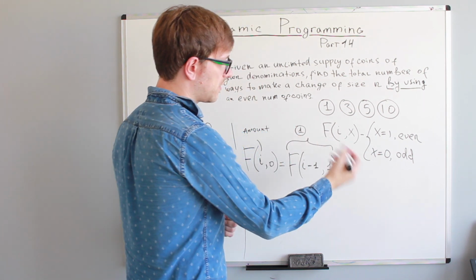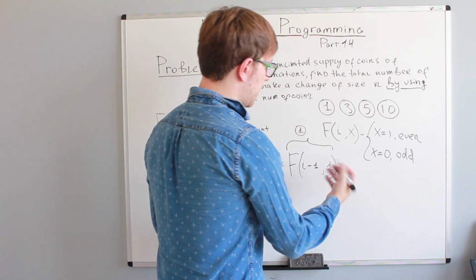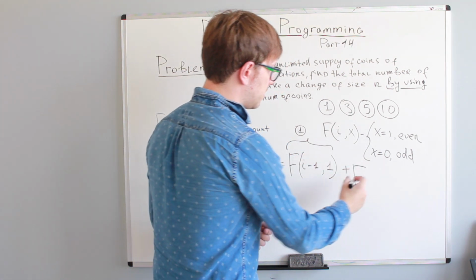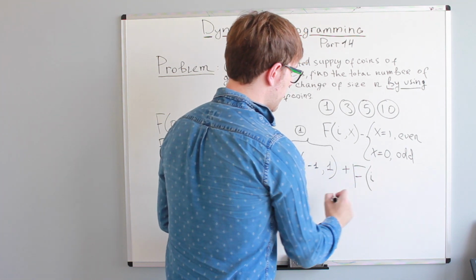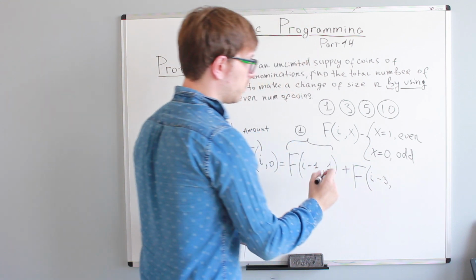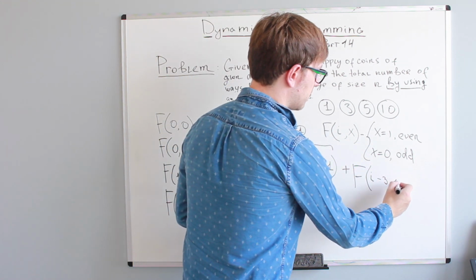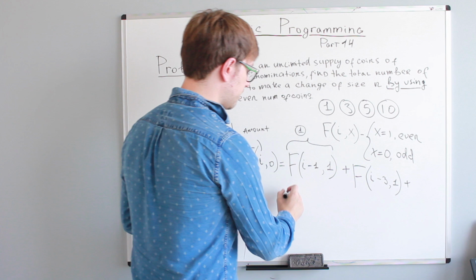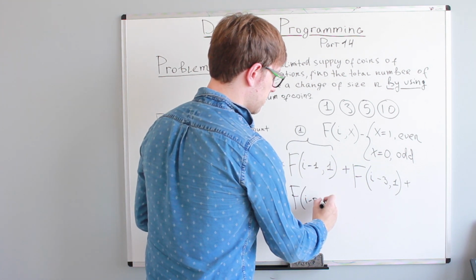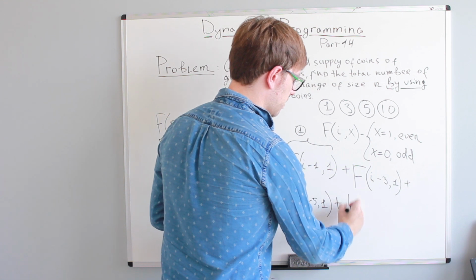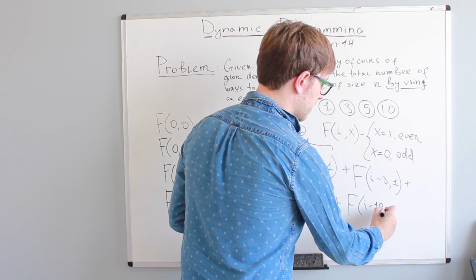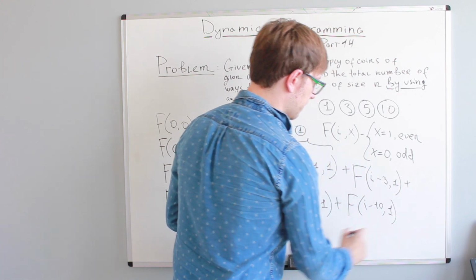Now we'll have to consider other denominations, and the pattern is basically the same. So we end up with I minus 3 cents, and also an even number of coins, plus f of I minus 5 plus f of I minus 10, and even as well.